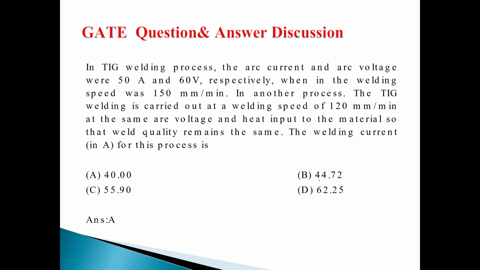The welding current in amps for this purpose is? V1 equal to 60 volts, I1 equal to 50 amps, S1 equal to 150 mm per minute.